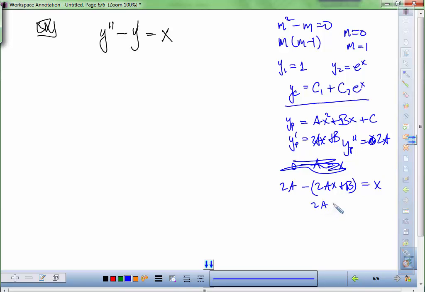So negative 2a x plus 2a minus b is equal to x. So negative 2a is equal to 1, and 2a minus b is equal to 0. So a is equal to negative a half.